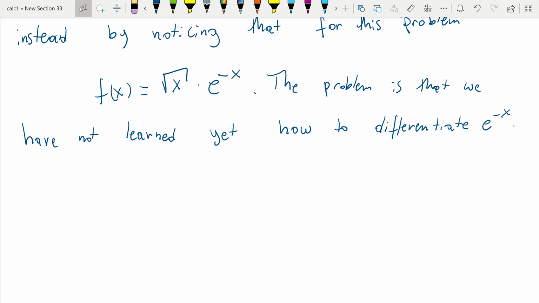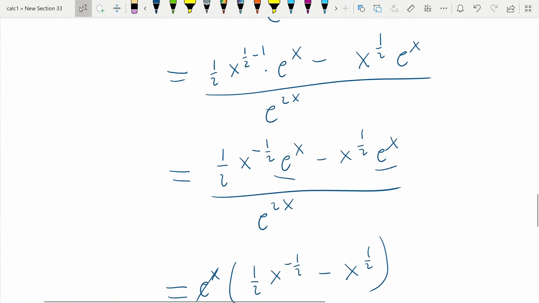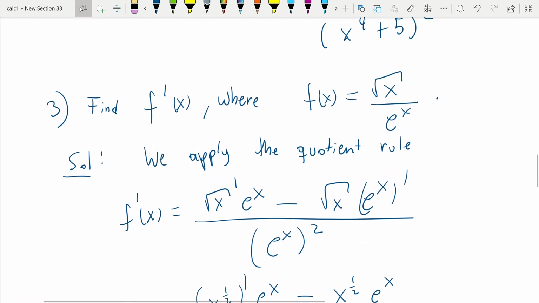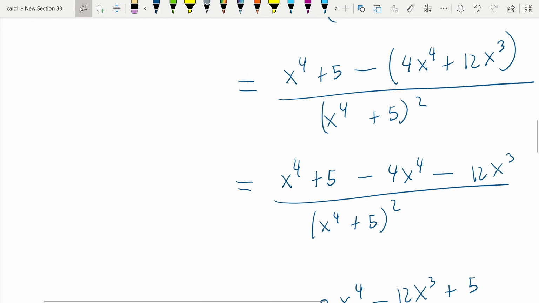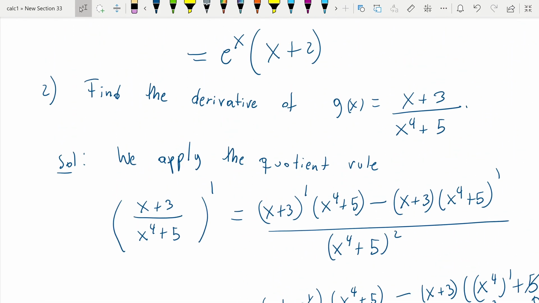So for the exam, in sum, we'll be asking you to differentiate some quotient like this. And since it's given to you as a quotient, you have to think immediately that what you need to do is to apply the quotient rule.